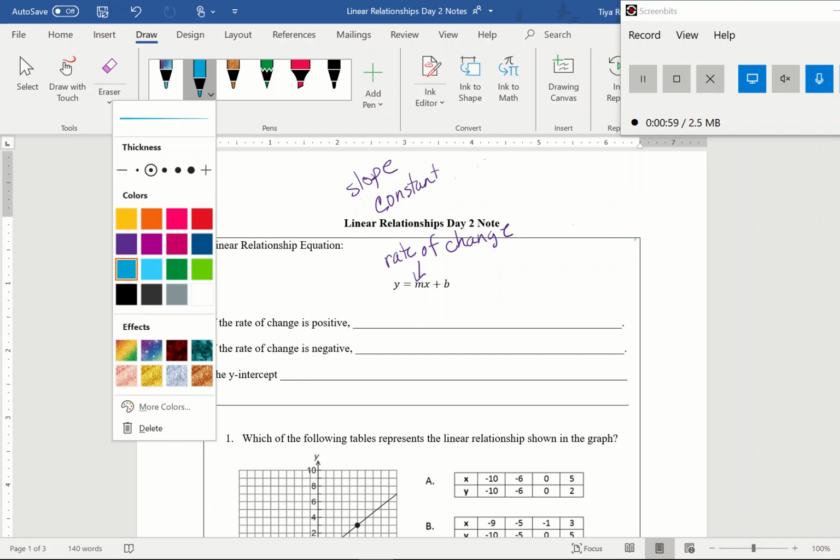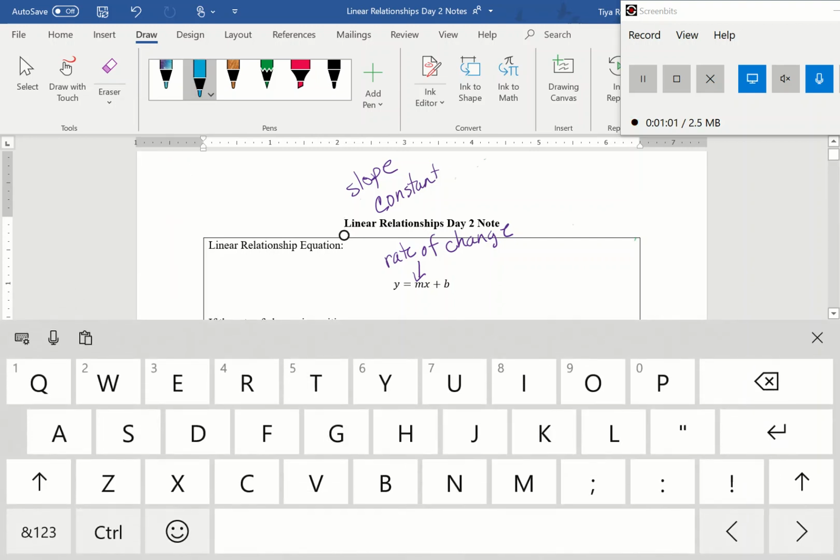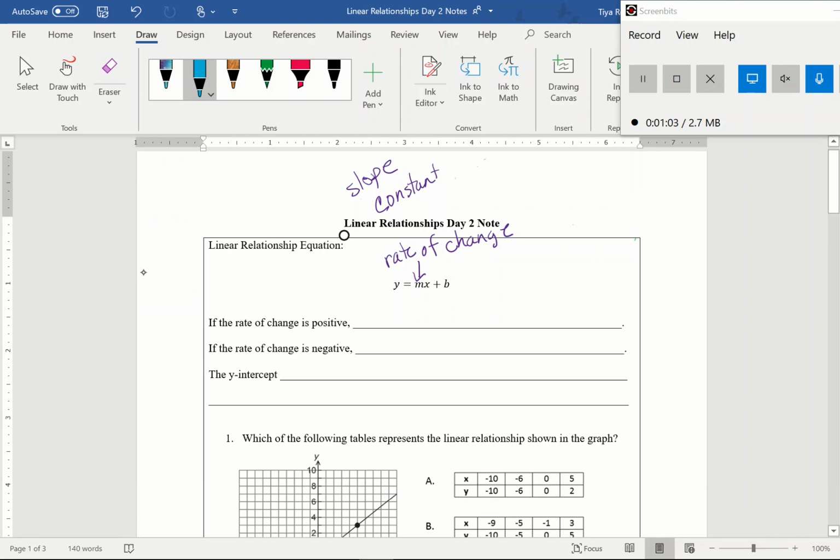B is our y-intercept. We can call it the beginning. That will make more sense at the end of this week, beginning of next week, when we start talking about word problems and how those work into equations.